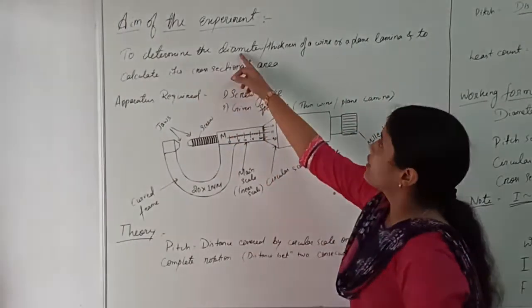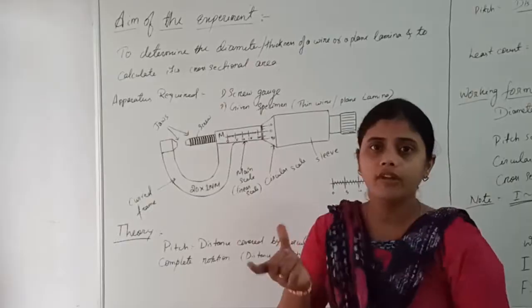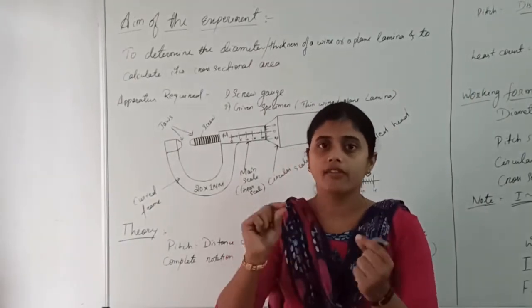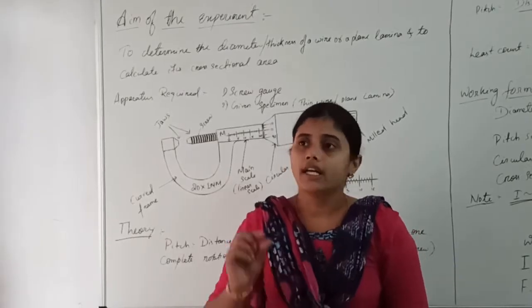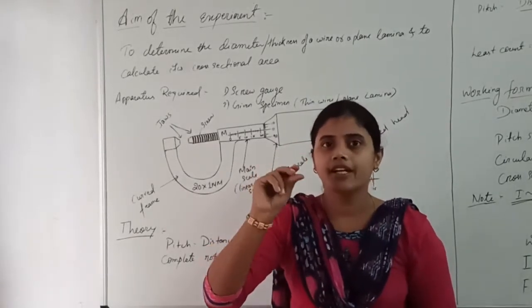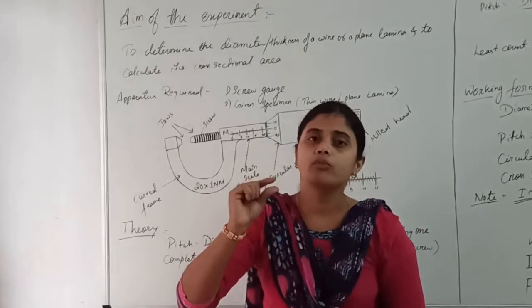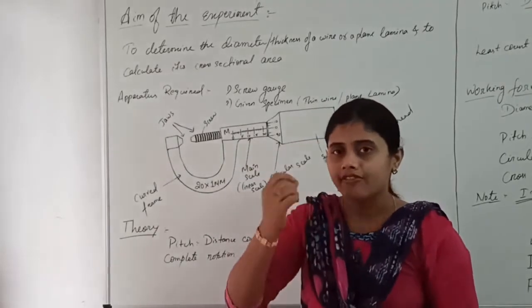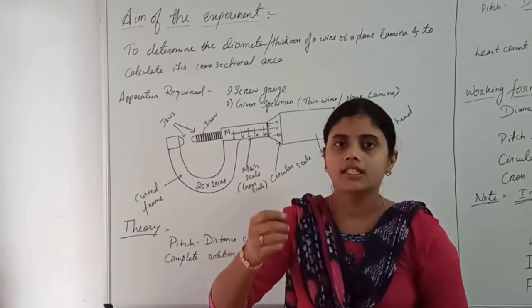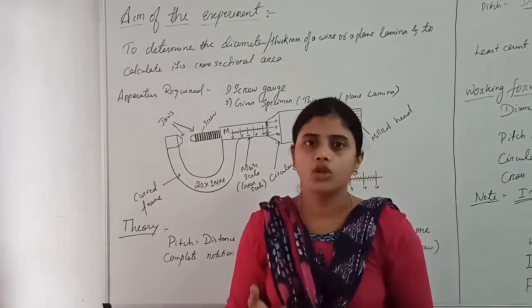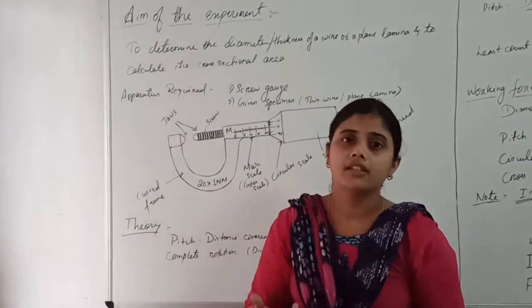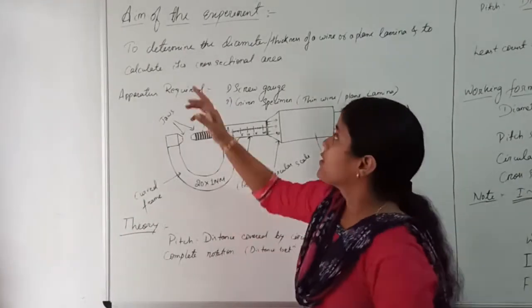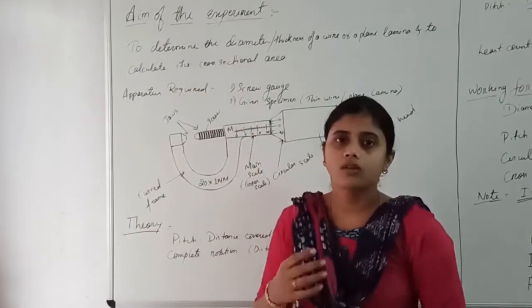A thin wire will be given to you and you have to determine the diameter, or a plain lamina, a plate kind of thing, will be given and you have to measure the thickness of that plate. After finding the thickness of the plate, you can determine the volume by the formula or by simple methods, and after finding the diameter, you can calculate the cross-sectional area of the given wire.